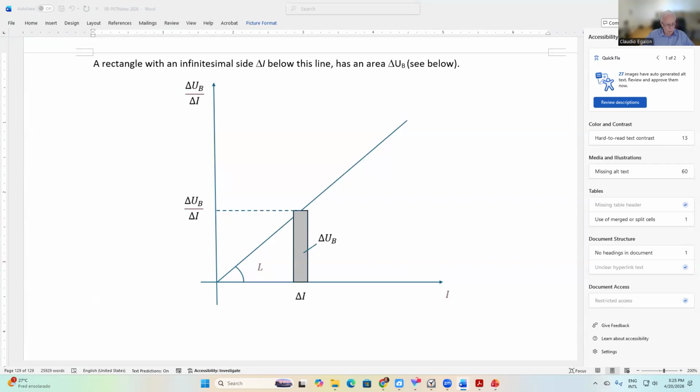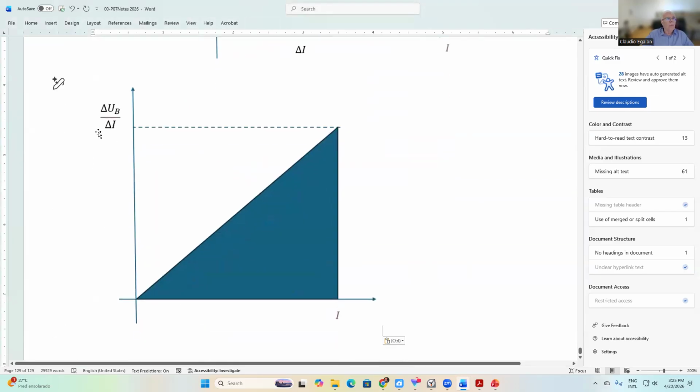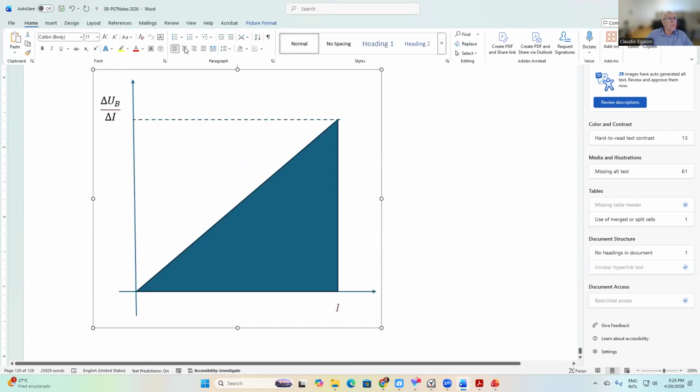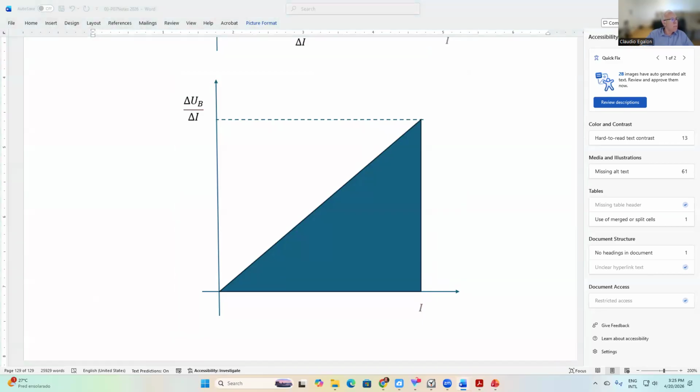Here we go. Get this area. This area is going to be what? UB.